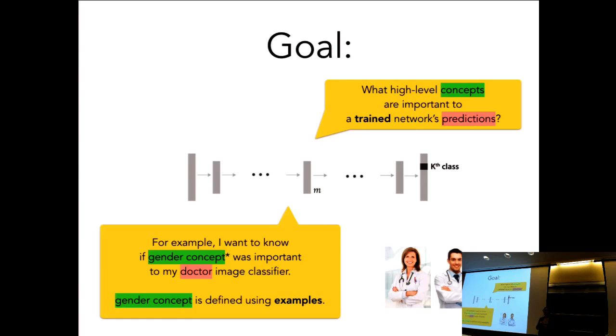I'm interested in knowing whether this network cared about gender. Did it matter that this picture happened to have a woman in it and not a man? Did it influence the doctor prediction? This gender concept is what I'm interested in, and I gave some examples of what I meant by gender, positive and negative examples, to the network.